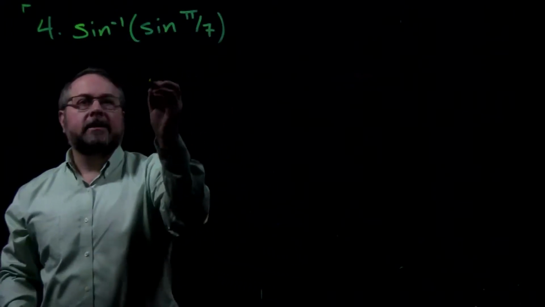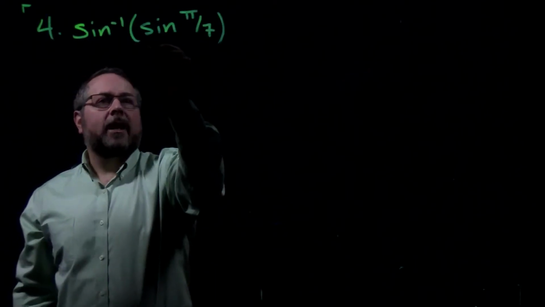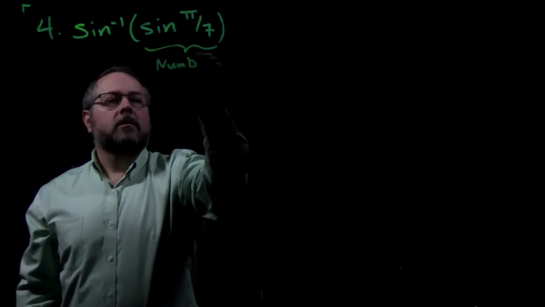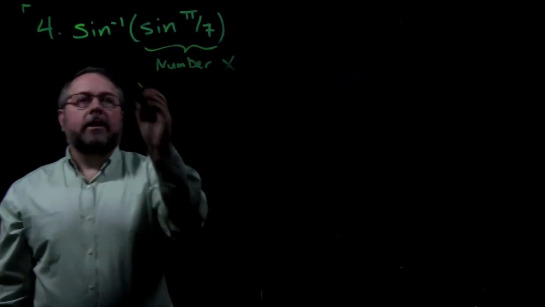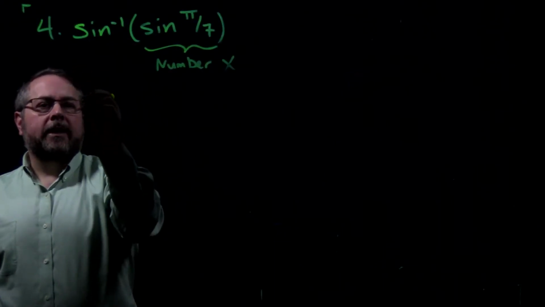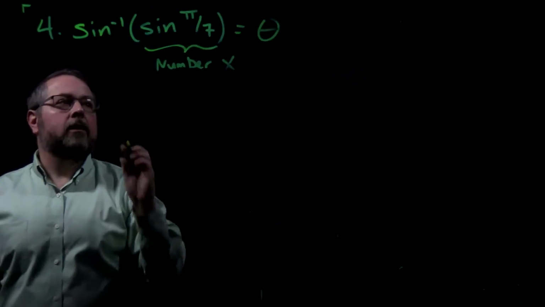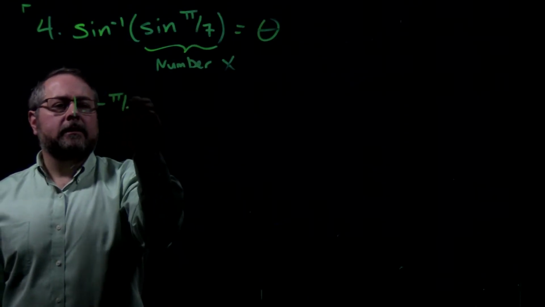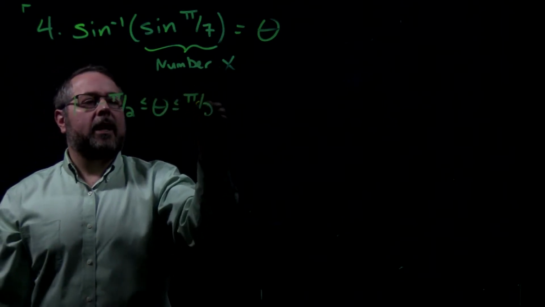Okay, so remember that the inverse sine of some number, and the sine of pi over 7 is just some number, we can just call that number x. So the inverse sine is going to be an angle. It's going to be an angle theta with two properties. The first is that theta has to lie between -pi/2 and +pi/2.